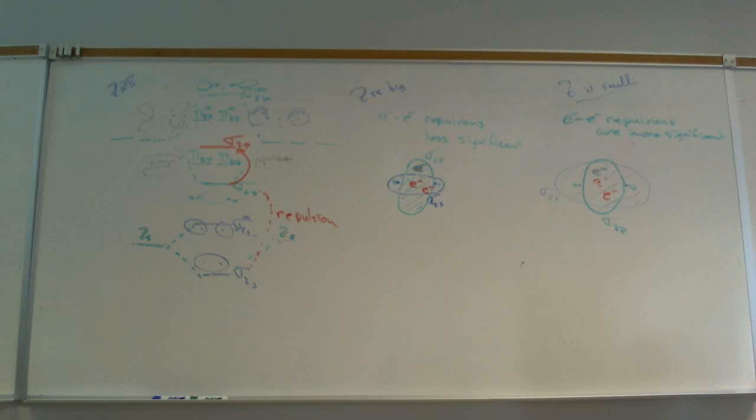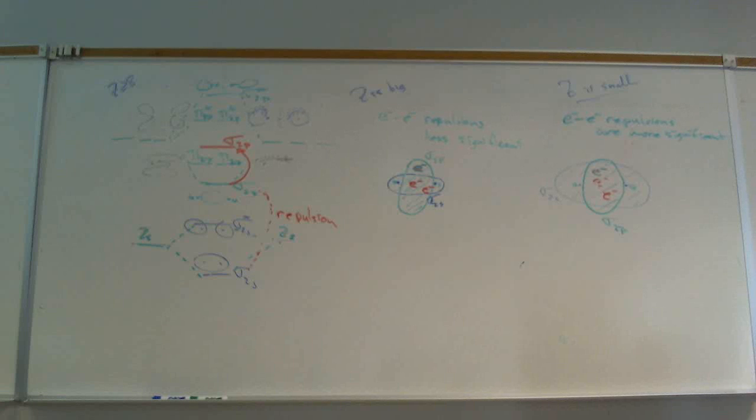And so, in other words, when Z is less than 8, the attractive force isn't so strong, and so the sigma 2s and the sigma 2pz interfere with each other. And so we have this diagram here. Why 8? 8's just what it turned out to be.